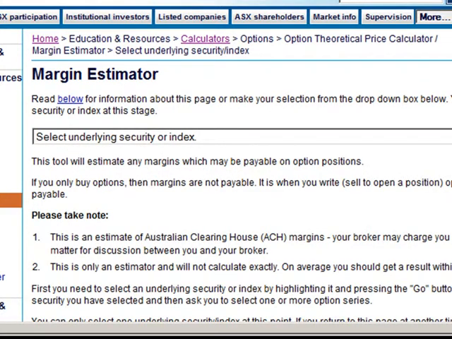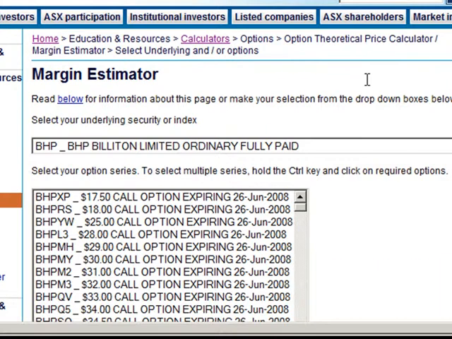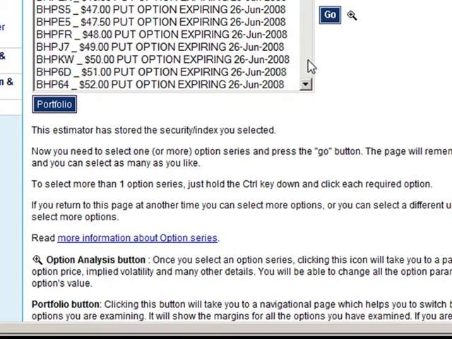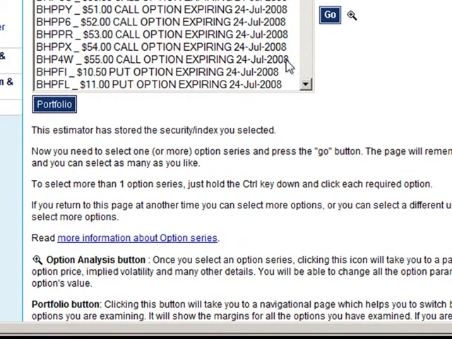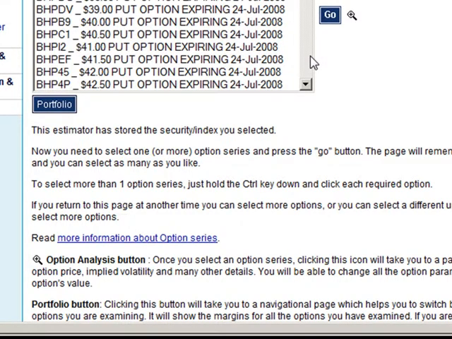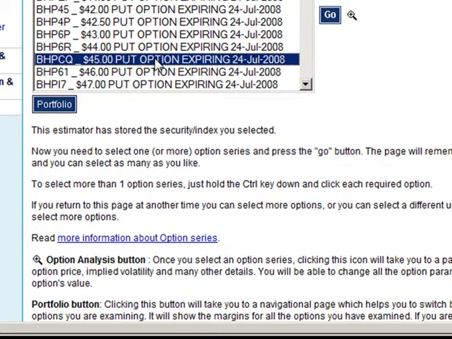Now, as in the theoretical price calculator, you need to select the underlying security, which I'll do BHP just for simplicity again, and we'll choose the same strike, which was 45. It was a $45 put for July. Okay, so here it is, and then we press go.